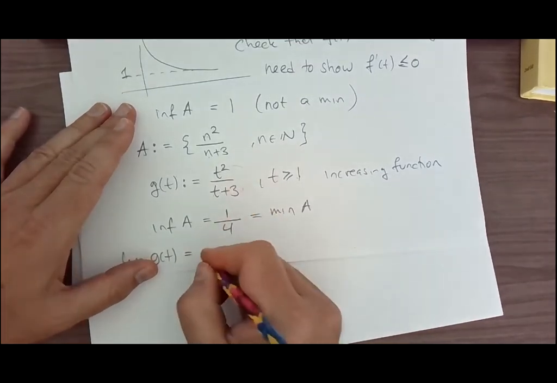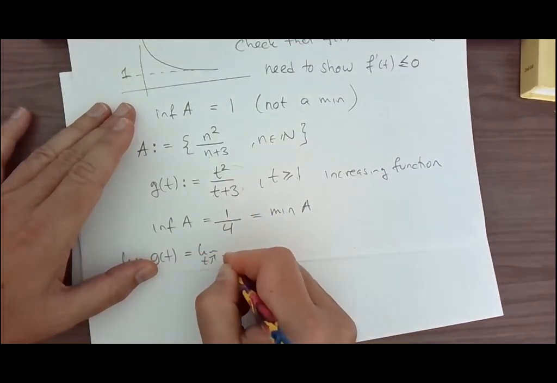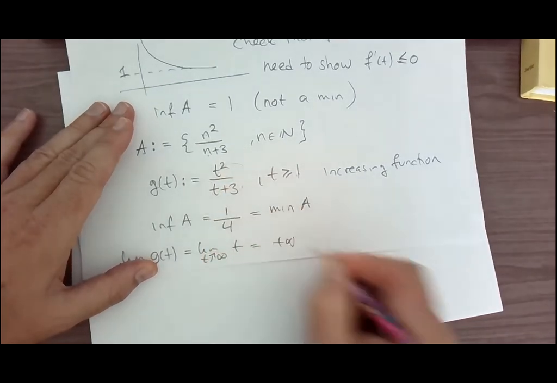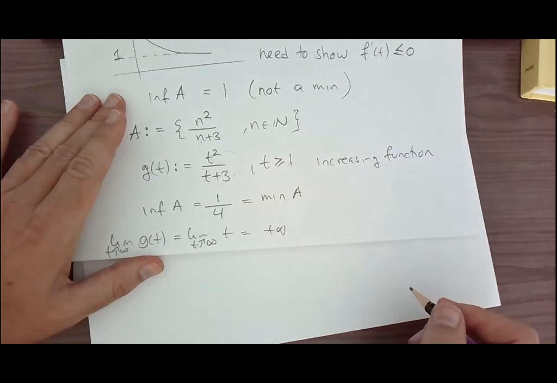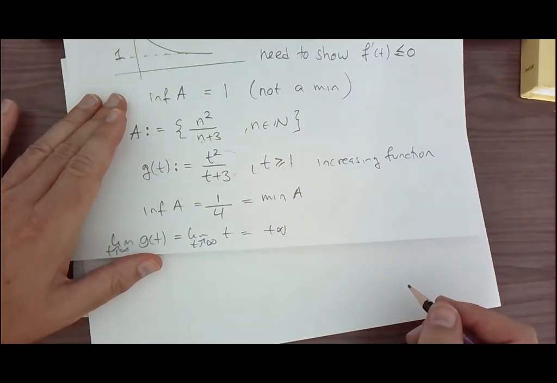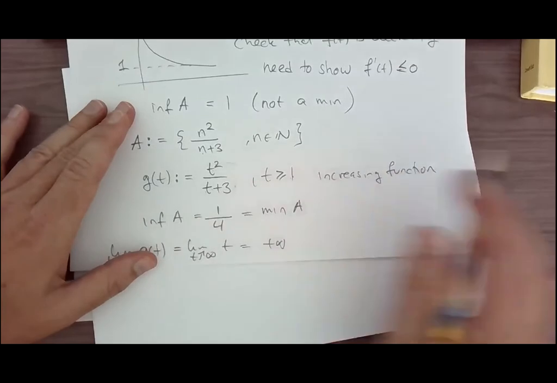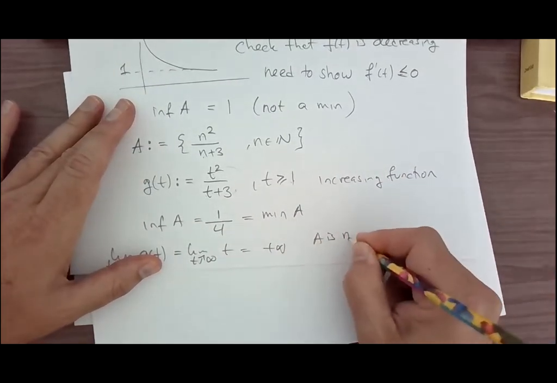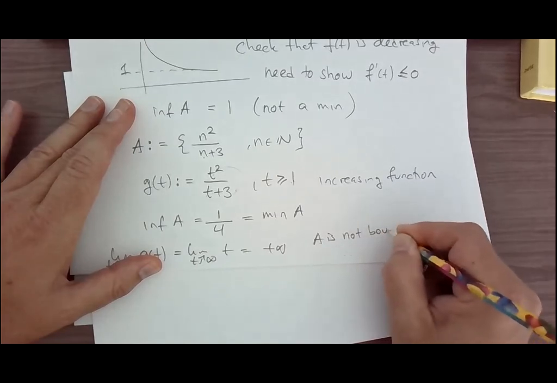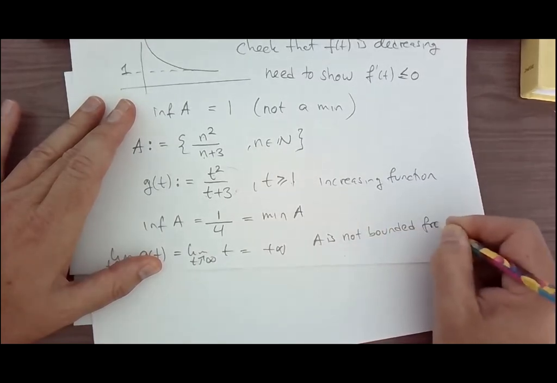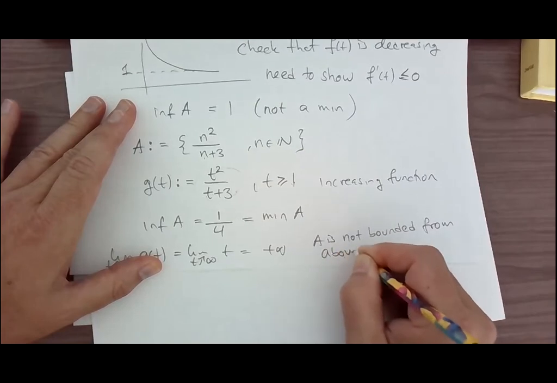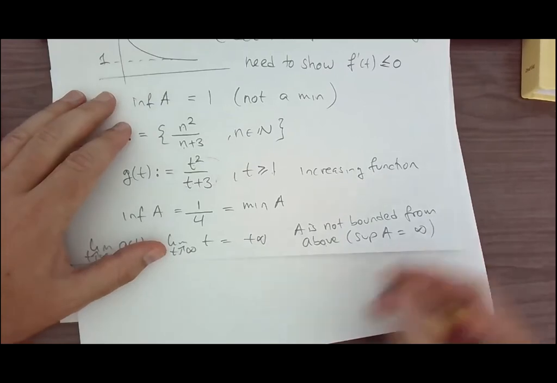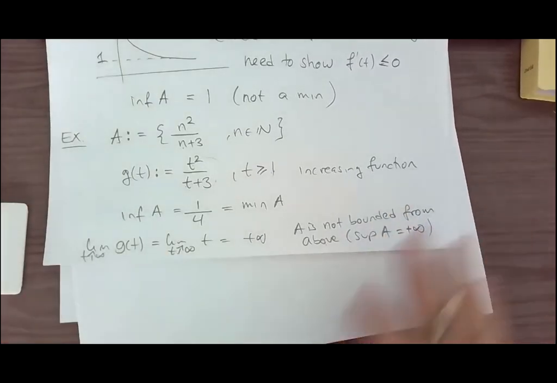This is going to be the same thing as the limit as t goes to infinity of t squared divided by t, which is t, and this is equal to plus infinity. So this is my supremum. This is unbounded. So the set A is not bounded from above. If you want, you will set the supremum to be plus infinity, and it's not going to be a max.